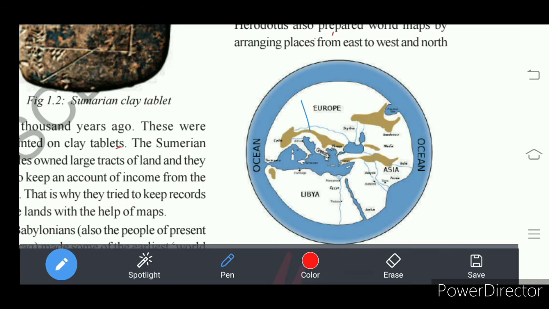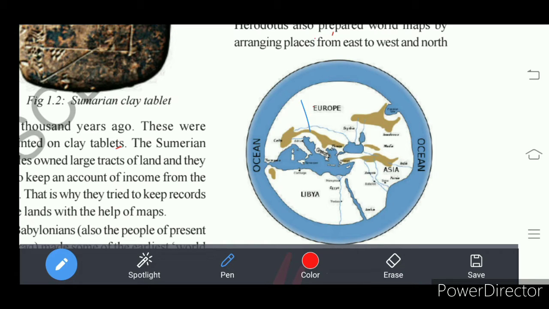First they identified the places which get the shadow of the same length. They tried to find a set of places where midday occurred at the same time.